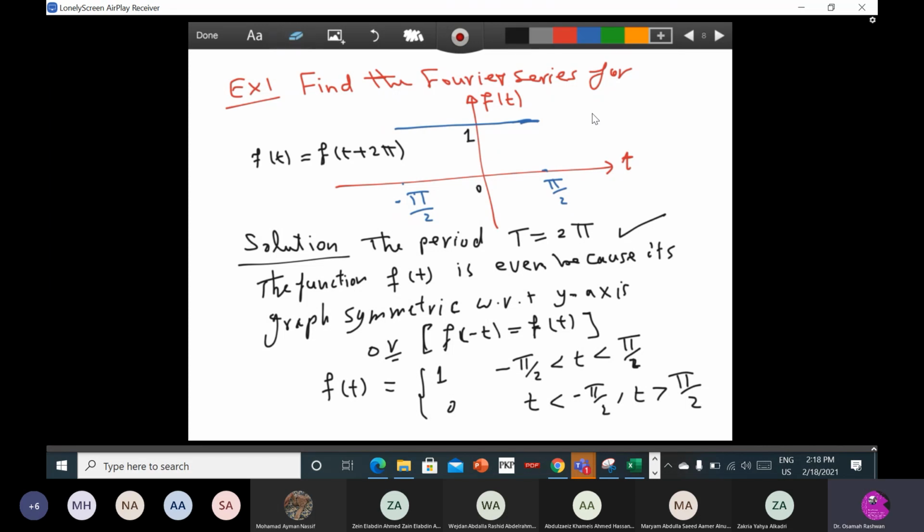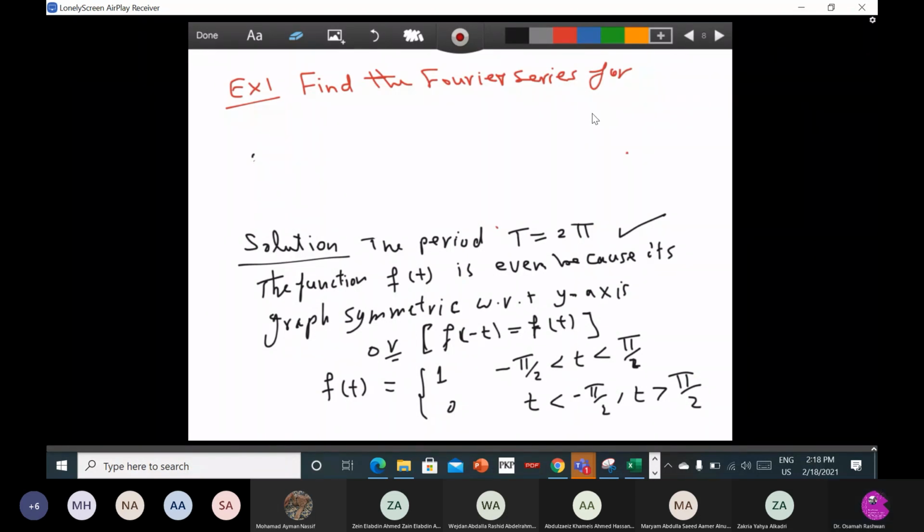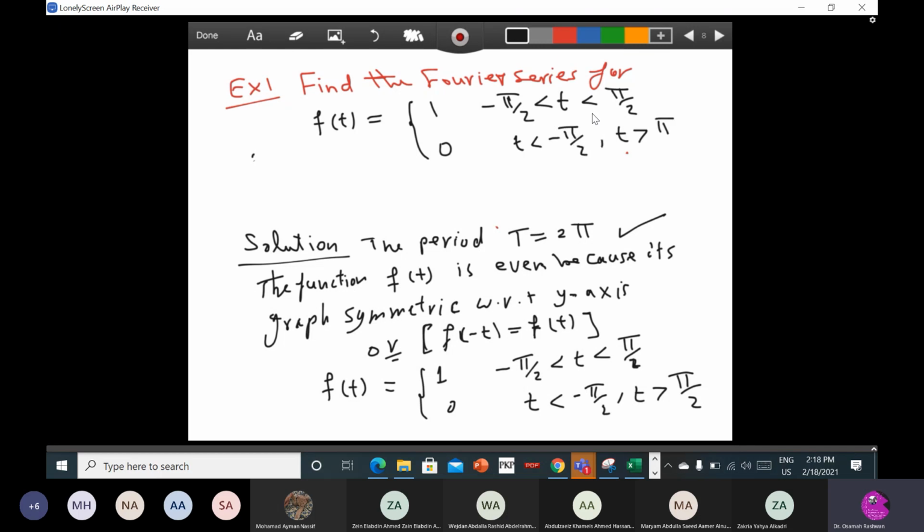Okay. So I'm going to replace my graph by the function f of t equal to 1 when t is between minus pi over 2 and pi over 2, and 0 if t is less than minus pi over 2 or t is greater than pi over 2.